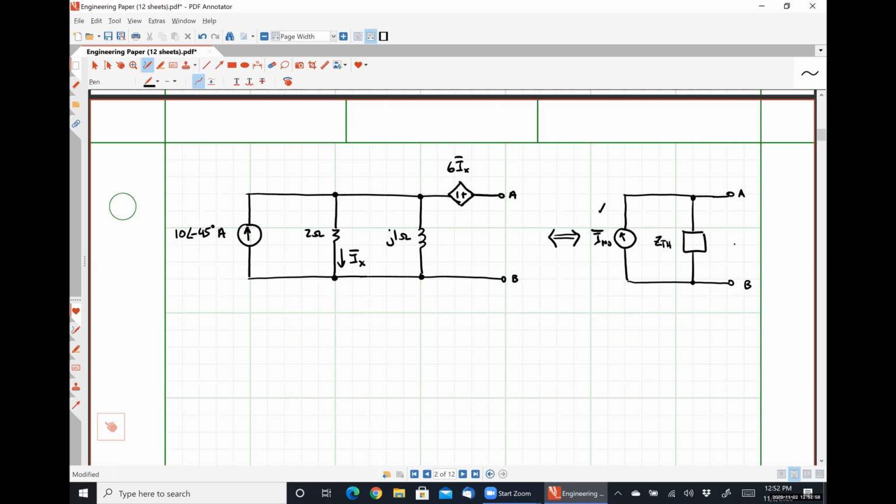We could try to find the Thevenin impedance directly, or we could find the Thevenin voltage, which could be used to find the Thevenin impedance once we know the Norton current, or could be used to find the Norton current once we know the Thevenin impedance. We've got to determine at least 2 out of those 3 quantities. So somebody tell me something to do. The Norton current, is that what you said? All right.